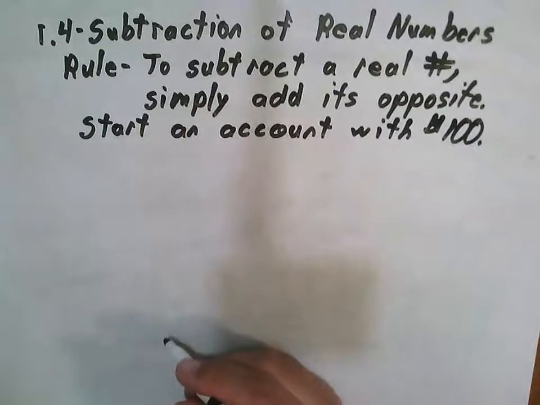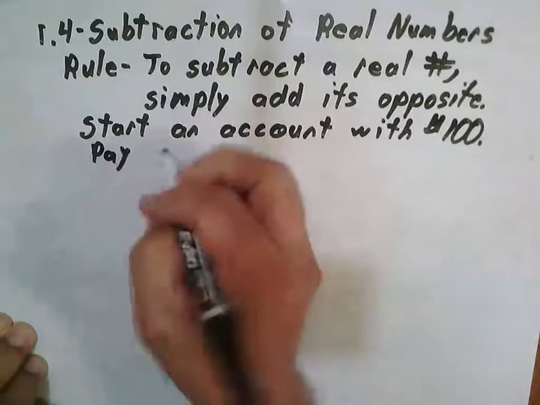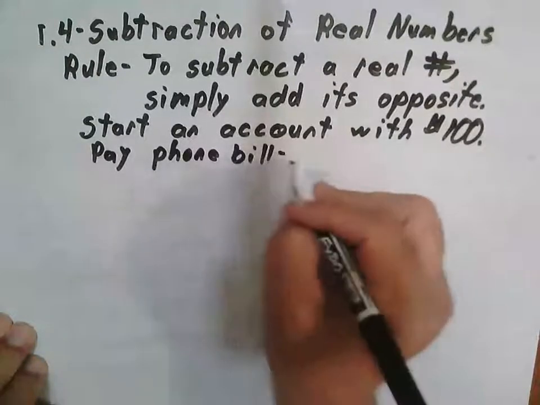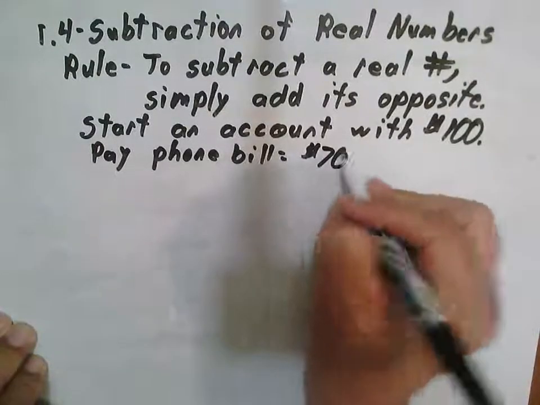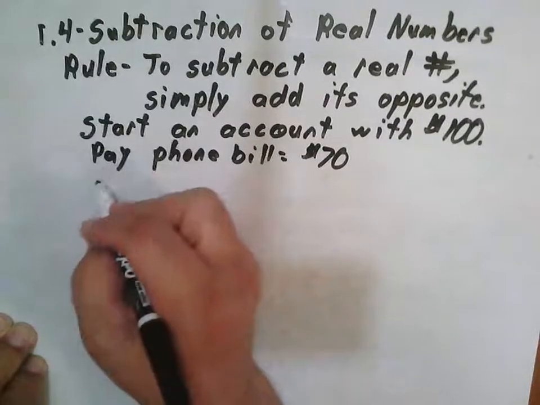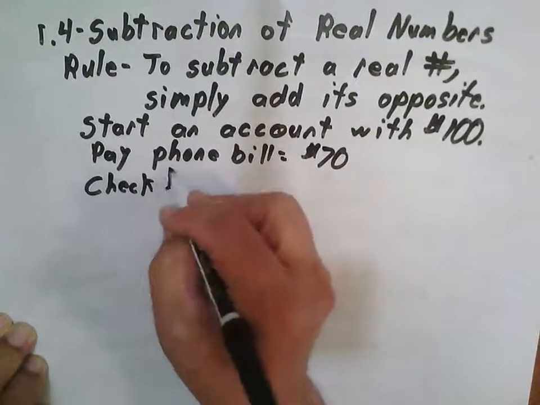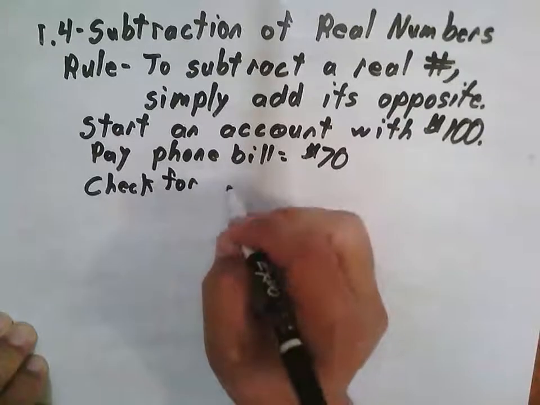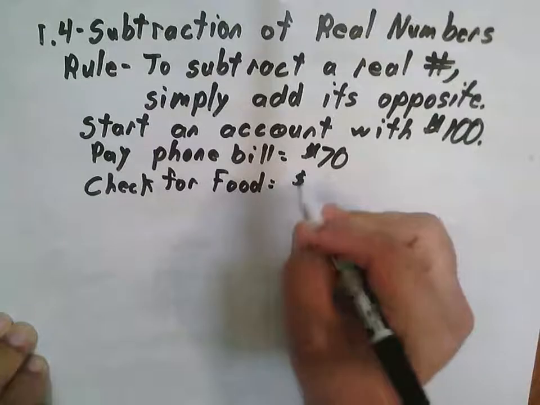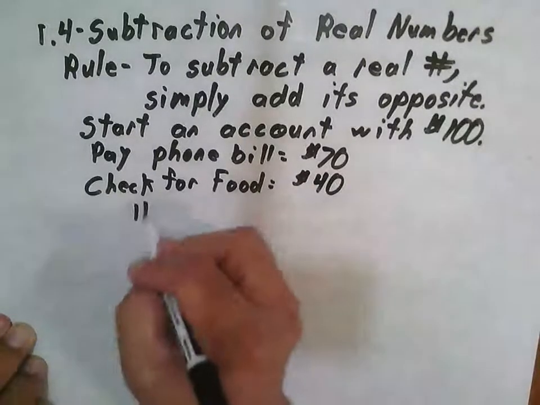So if you start an account with $100 and then you pay a phone bill, that's going to be $70, and then you write a check for food, let's just say, for $40, and it's going to ask you how much is left.